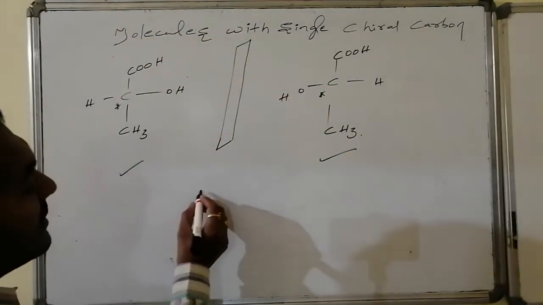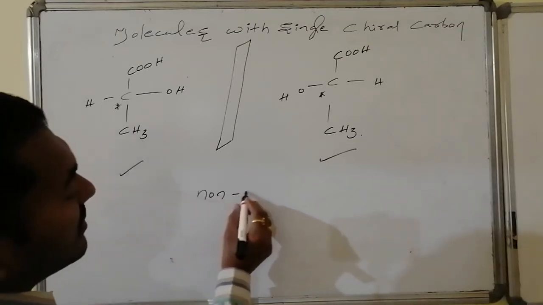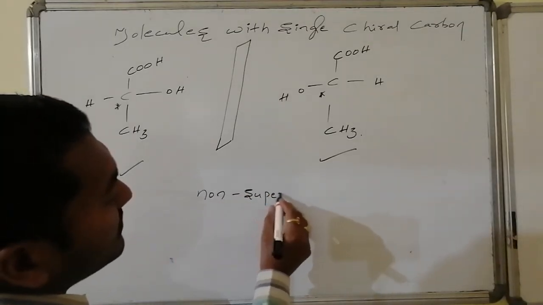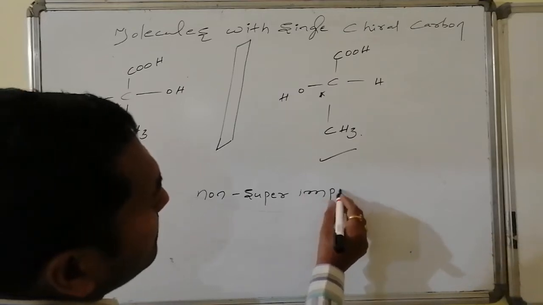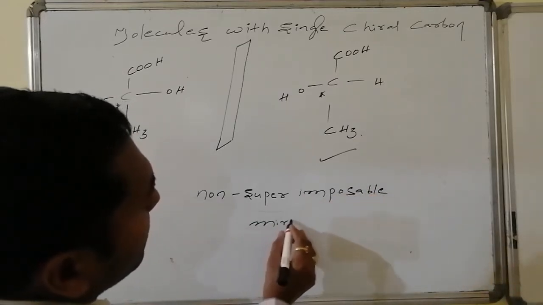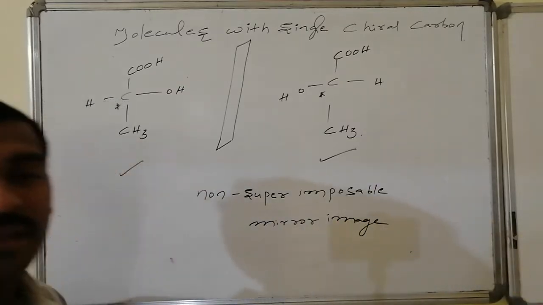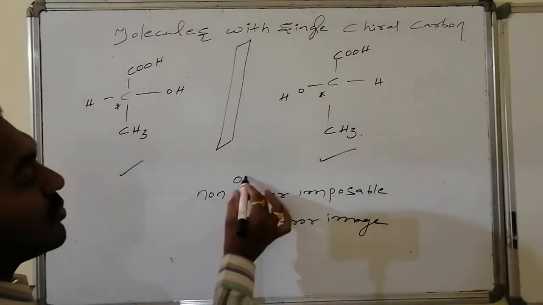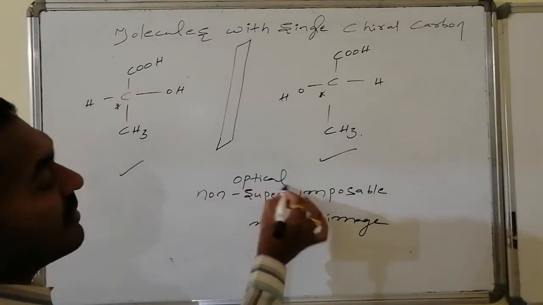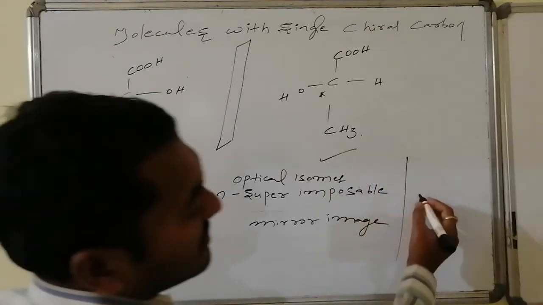So therefore, these are non-superimposable mirror images. Non-superimposable mirror images, that is, optical isomers which are non-superimposable to one another, are said to be enantiomers to one another. These are known as enantiomers.